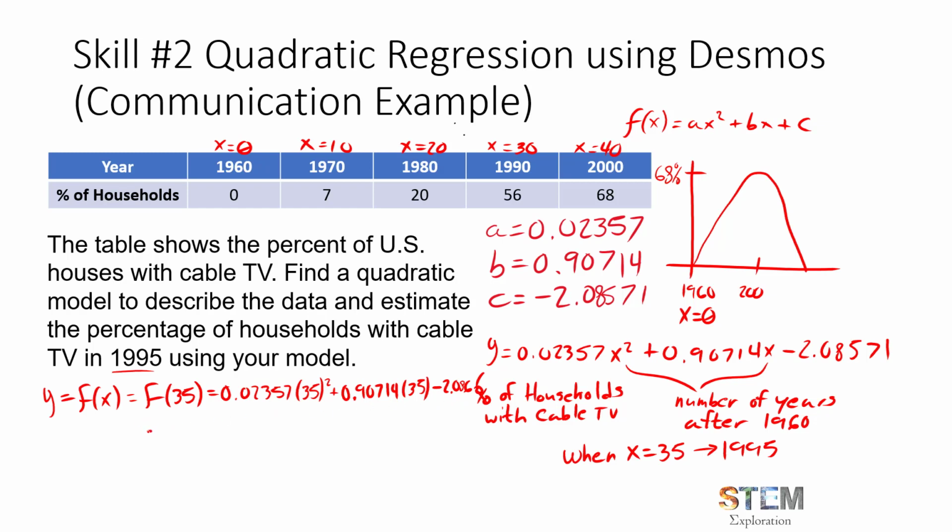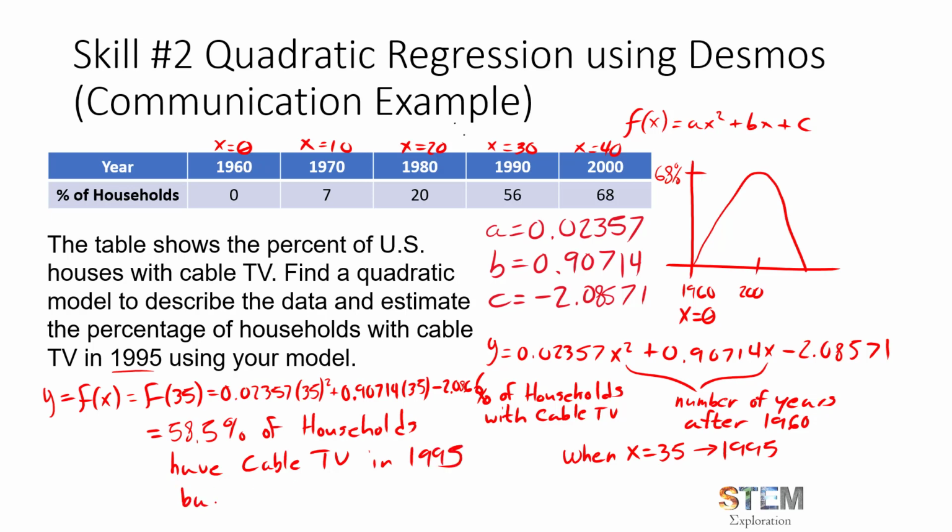And if I solve all this out and get an output, I will find that 58.5% of households have cable TV in 1995 based on my model.